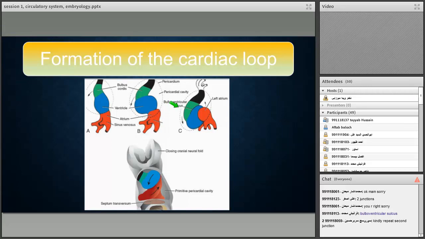This is the place of the primary interventricular foramen, because we said that the blue part is the left ventricle and the green part is the right ventricle, okay? So, the junction between these two parts is called primary interventricular foramen, between two ventricles.